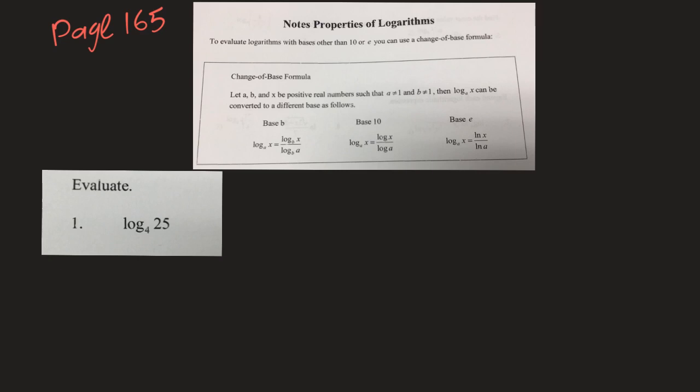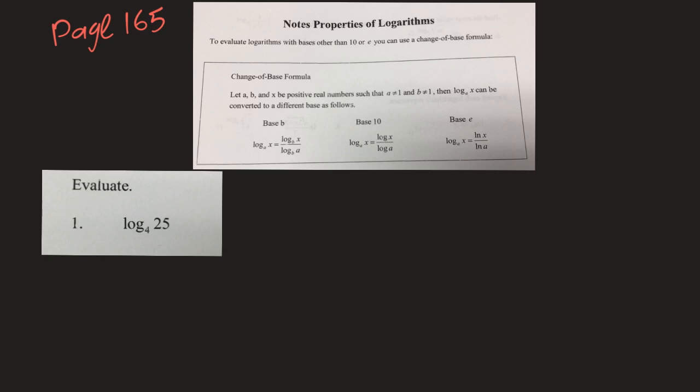Okay, so the first box you're going to see is the box labeled change of base formula. This is a little bit outdated because modern calculators have the change of base built in, so they can do it all in one, but it's still a pretty useful skill and it comes up on occasion.